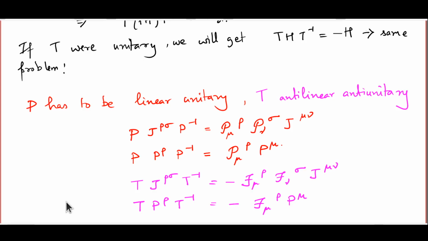Which is why capital P J rho sigma capital P inverse is curly P mu rho curly P nu sigma J mu nu, whereas capital T J rho sigma capital T inverse is minus curly T mu rho curly T nu sigma J mu nu. And a similar minus sign occurs for momentum components as well for the time reversal case.